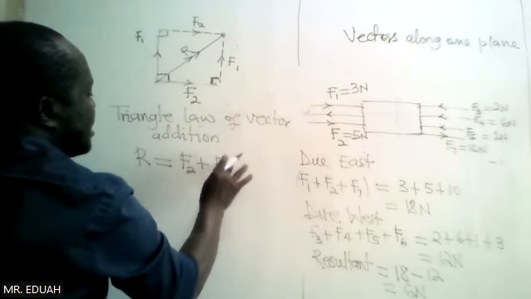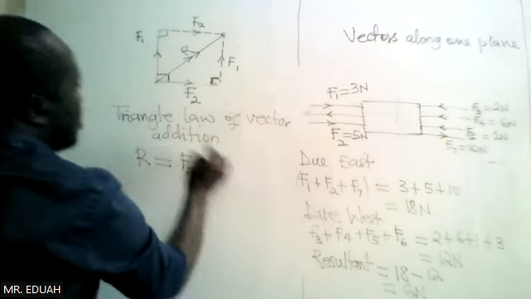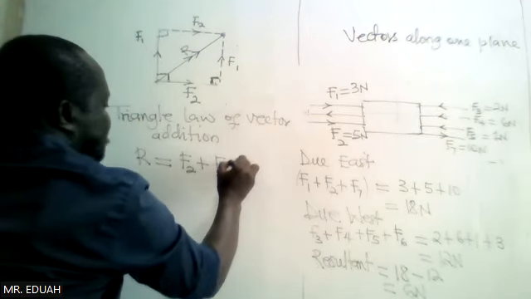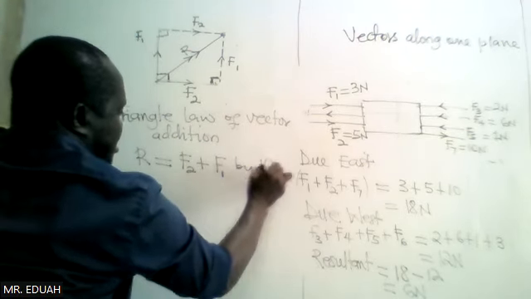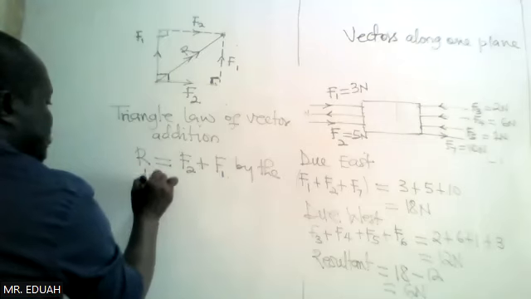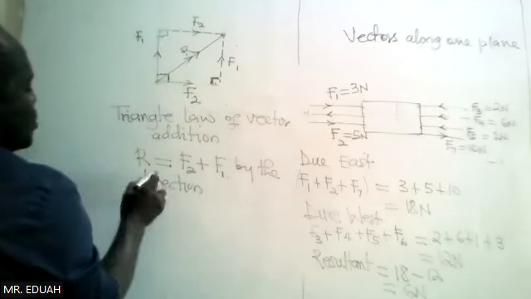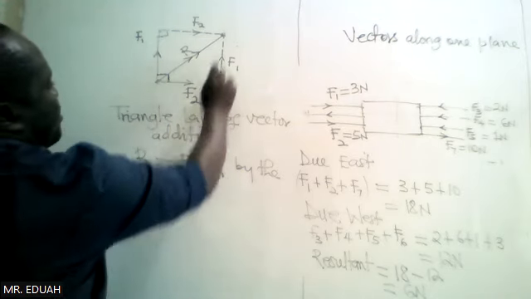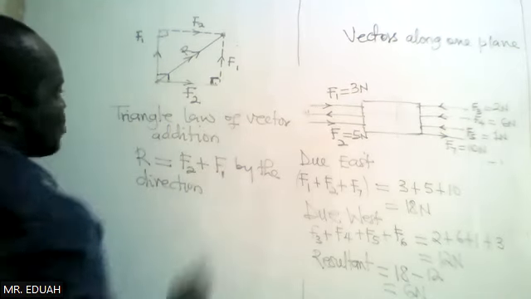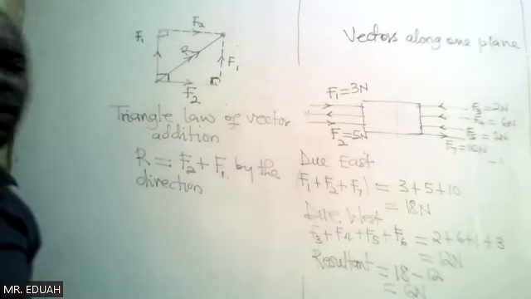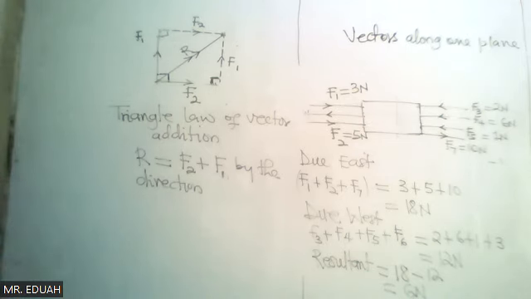By the directions of the arrows, we are deducing that this R is equal to F2 plus F1. And this is what we call the triangle law of vectors.